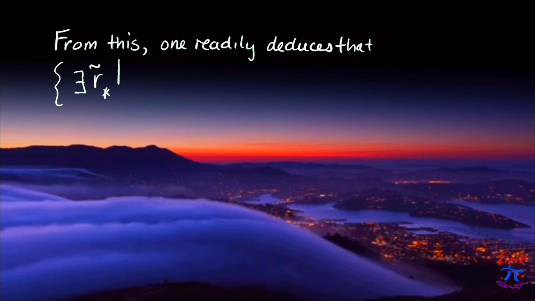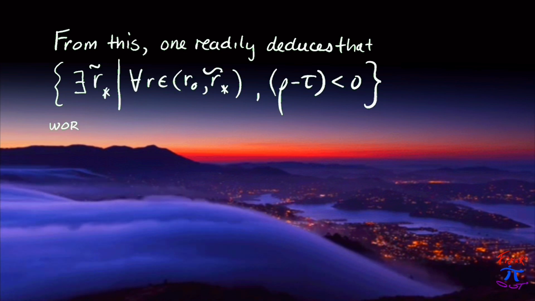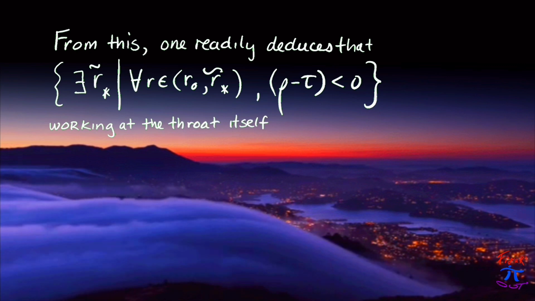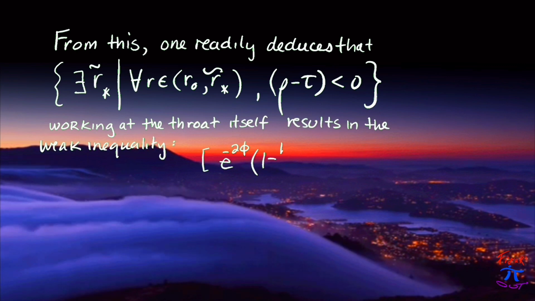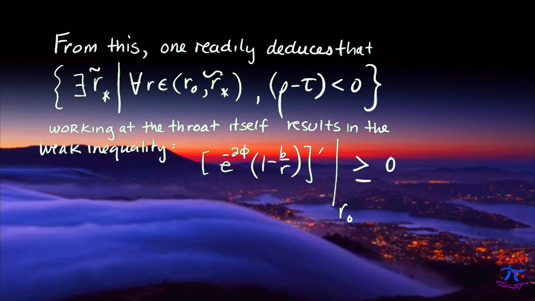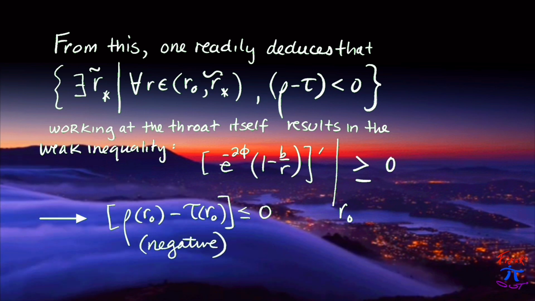And from this, one readily deduces that there exists an r star tilde such that for all radii within the range of the throat to this radius, the energy density minus tau is always less than 0. Working at the throat itself, this results in the weak inequality that says the following, which interprets as a negative energy density at the throat.